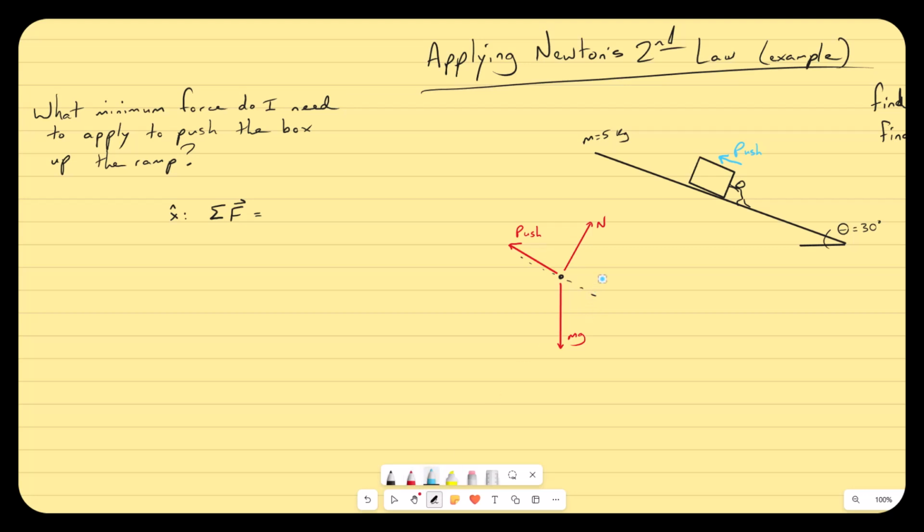I have set my axis up this way. Here is y. Here is x. I guess if I'm going to try pushing this thing up the ramp, maybe I'll make this be my positive x direction over here. And I know in here was my 30-degree angle.